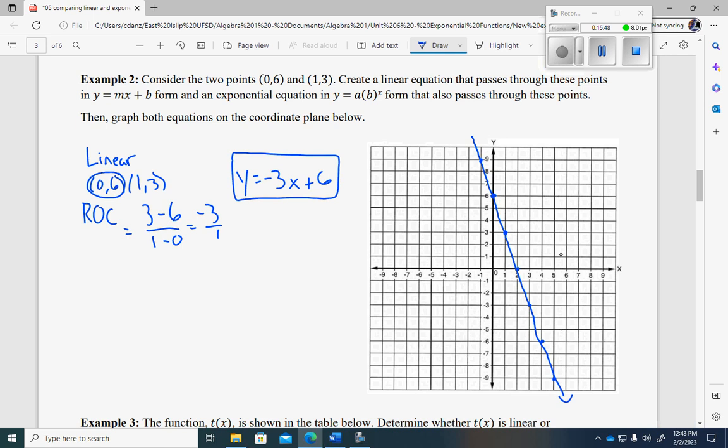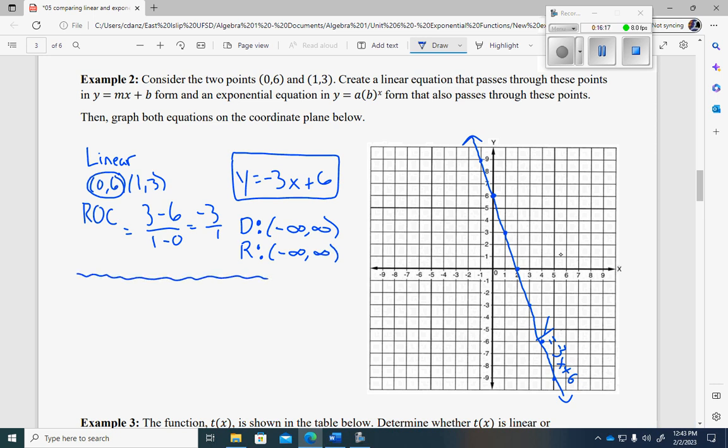It's hard to draw a straight line with my pen that I use here. So this is y equals -3x plus 6. They didn't ask us, but I'm going to talk about it. The domain for this is all real numbers. It goes out forever to the right and left. The range for this is also all real numbers. Goes forever down and forever up.